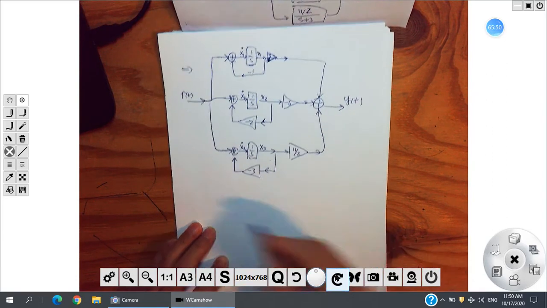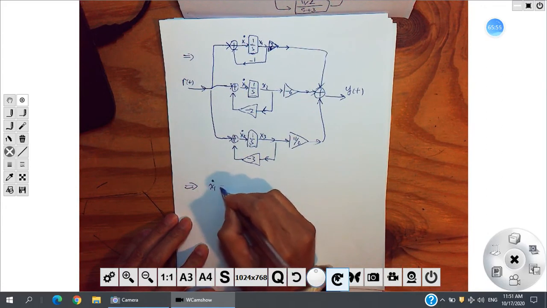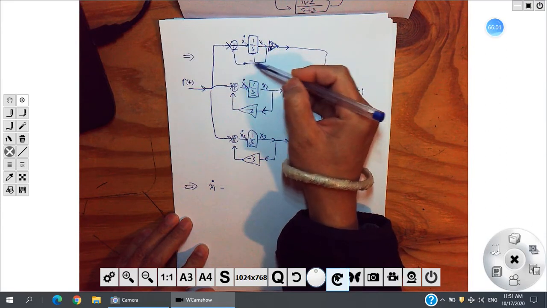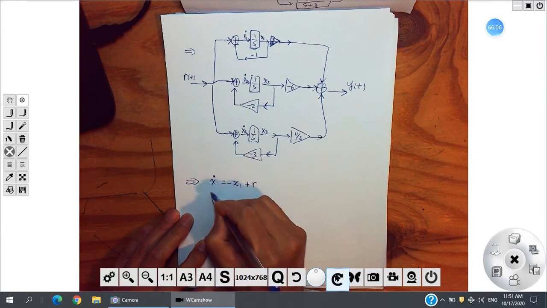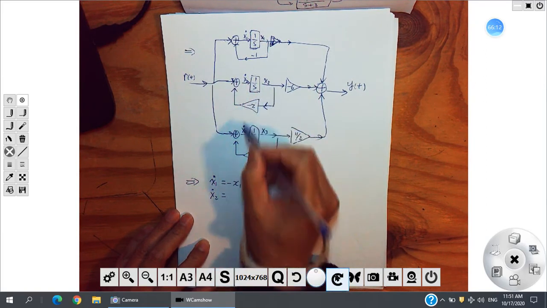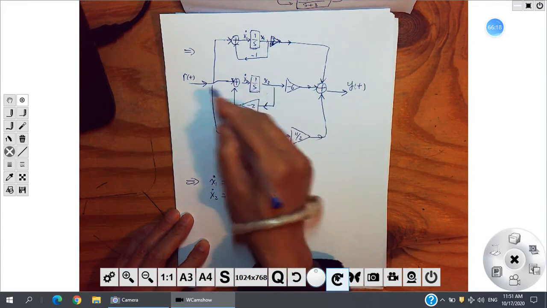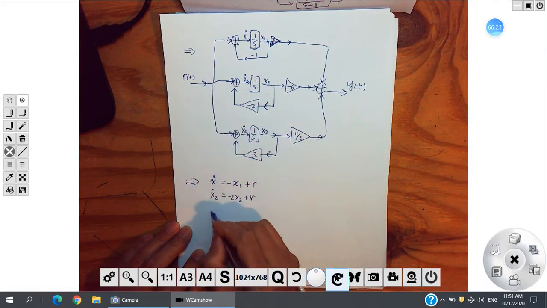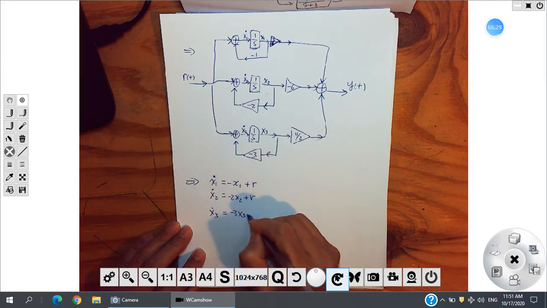Then we can have x1 derivative equal to the summation of these two. It is x1 with negative, plus r. x2 dot equals x2 times negative 2 plus r. And this is x3 dot. x3 dot equals negative 3 times x3 plus r.